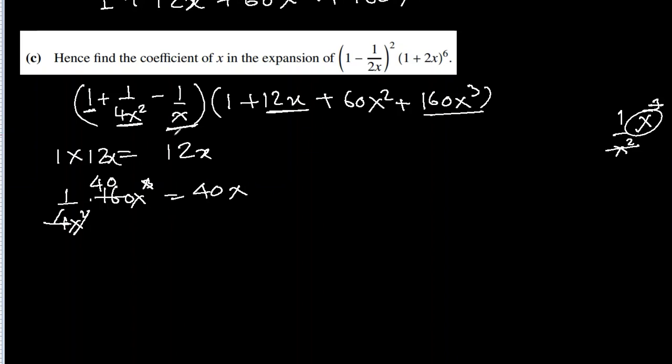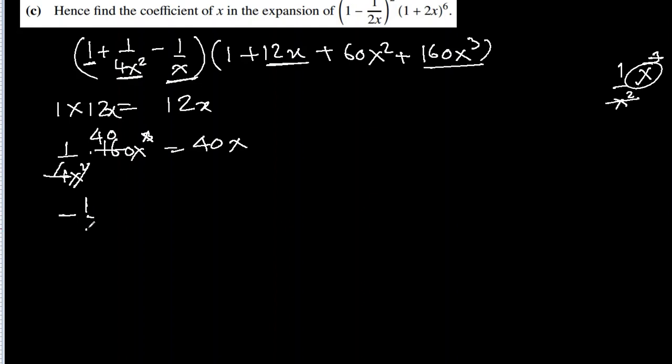Third term is minus 1 over x. I need an x² to multiply with it so that I get an x again, and this is the one which will give me an x. So minus 1 over x times 60x² will be x cancelled with one of the x's, so we are left with minus 60x.